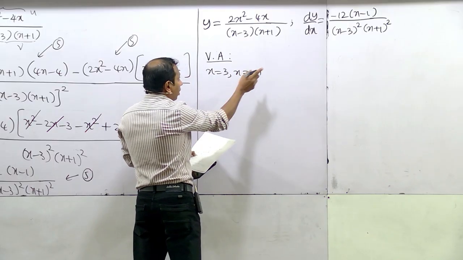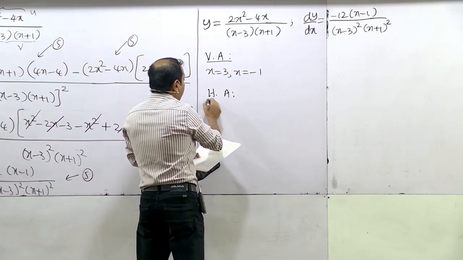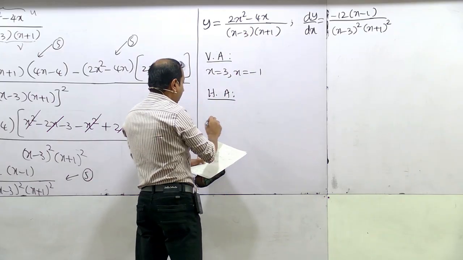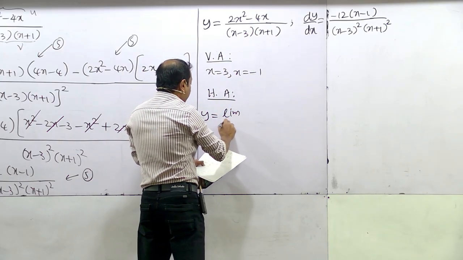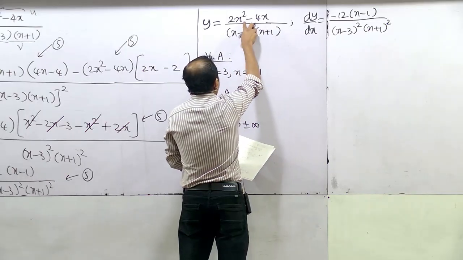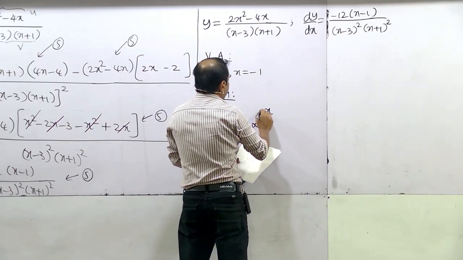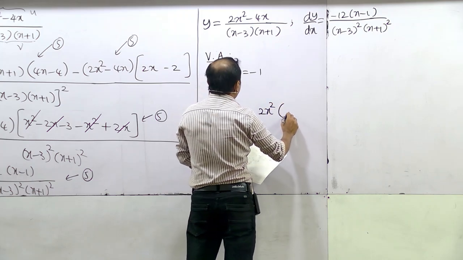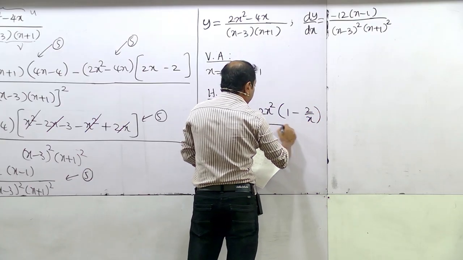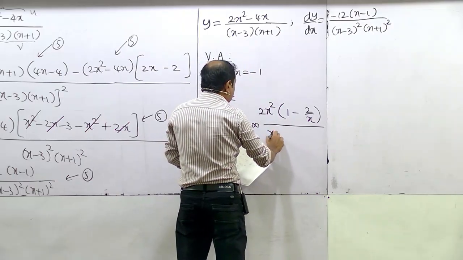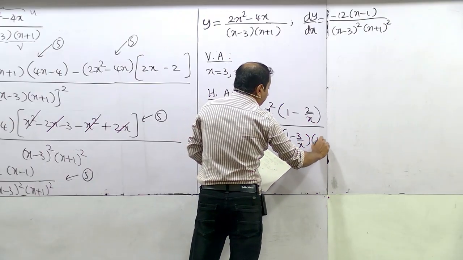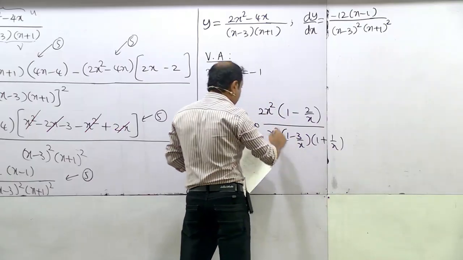And we'll take the horizontal asymptotes. For the horizontal asymptote, we have to take the limit as x goes to plus or minus infinity of the right hand side. Take x² out: 2x²(1 − 2/x) divided by x²(1 − 3/x)(1 + 1/x). These x² terms cancel down.